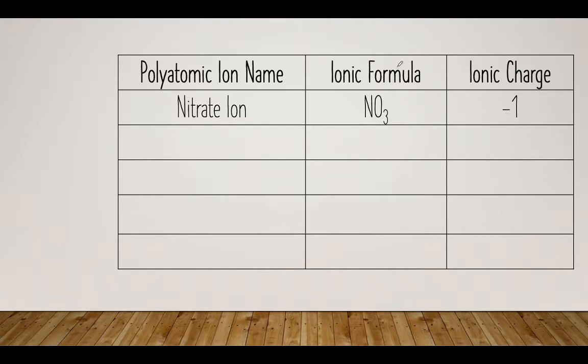When I usually write it, just like I did earlier, I would write NO3 bracket -1, and this -1 is sitting on top, just to show that it is the charge. The next one that we are going to be talking about is carbonate. And carbonate is CO3, and it's got an ionic charge of -2.